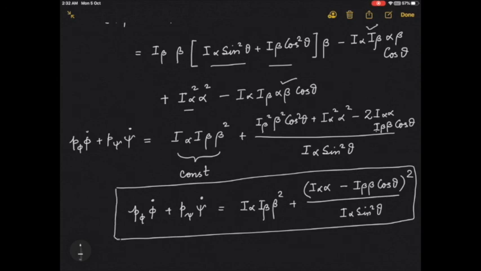Now before proceeding, remember our Lagrangian had things in terms of phi dot square and psi dot square.